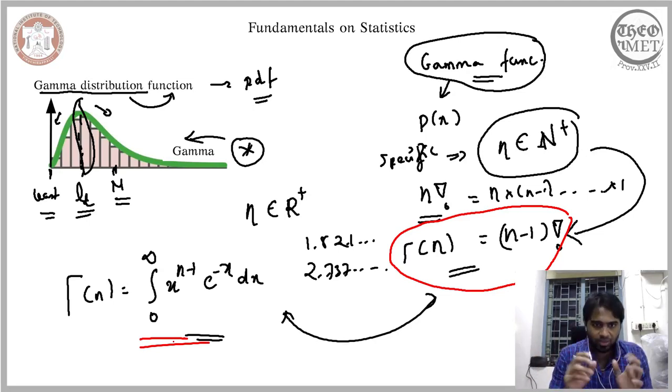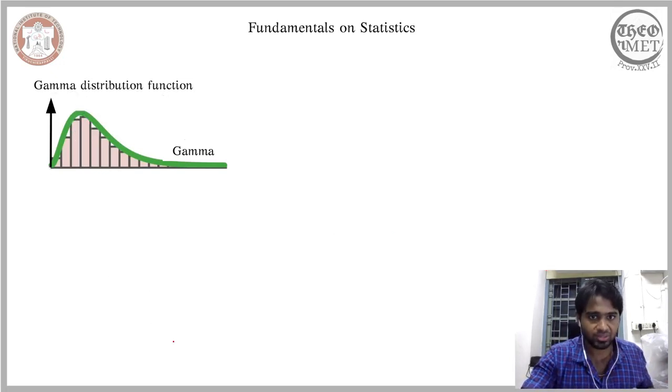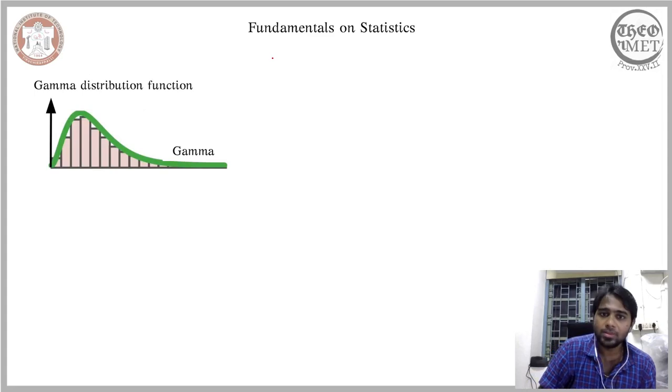Now, having seen what a gamma function is, having gained a notion of what a gamma function is, it is possible for us to describe the probability density function of a gamma distribution.